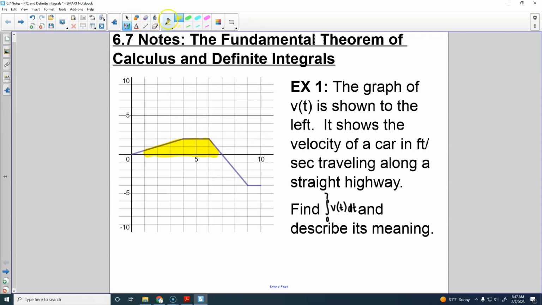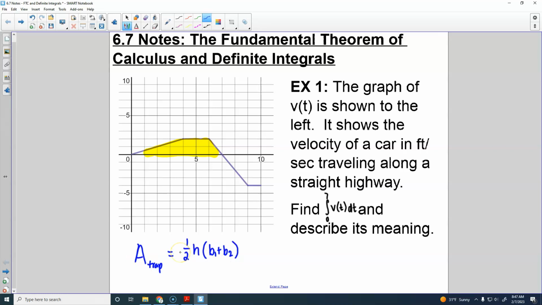And so right now, you guys know how to find that area because that is just a trapezoid, right? So how do I find the area of a trapezoid? One half times the height times base 1 plus base 2. Yeah, area of a trapezoid.